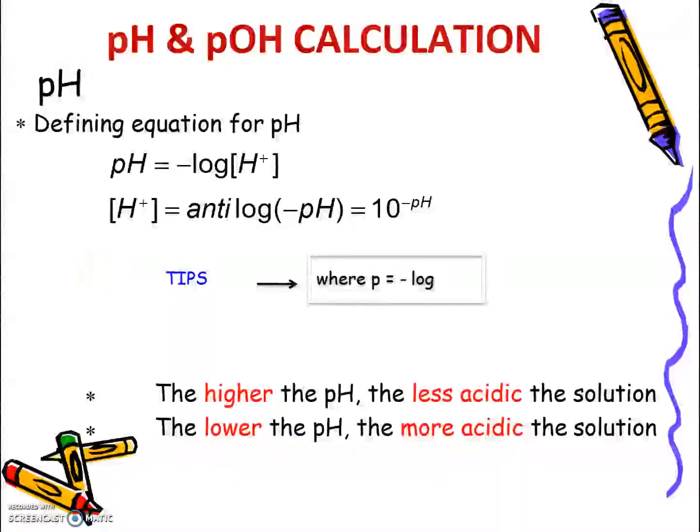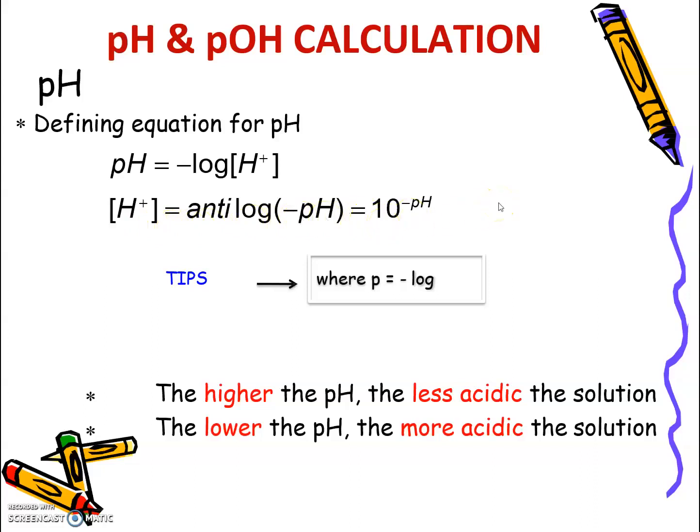Okay, next subtopic is calculation for pH and pOH. For pH, the formula is negative log concentration H+. To find the concentration H+, the formula is anti-log minus pH.